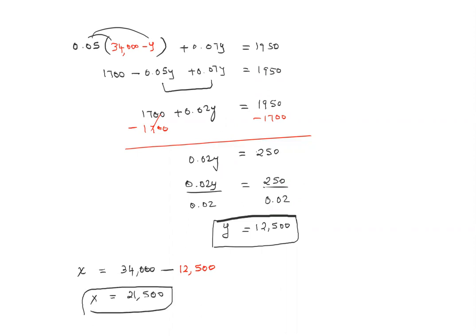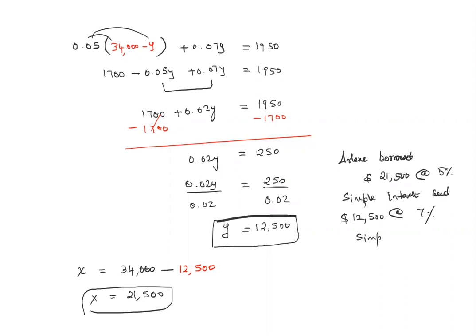So now we can say Orly borrowed 21,500 at 5% simple interest and 12,500 at 7% simple interest. So that is the end.